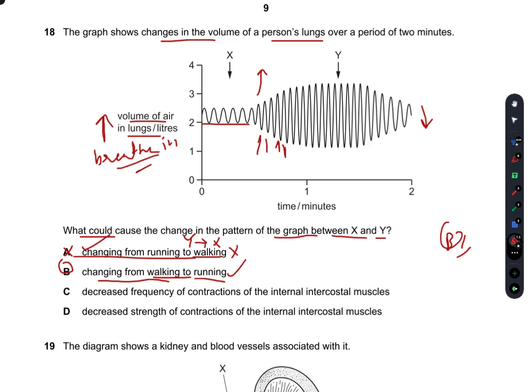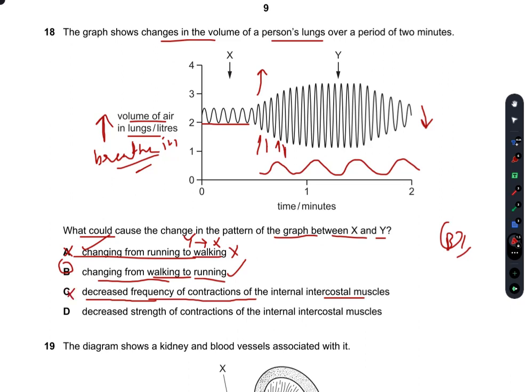Decreased frequency of the contractions of the internal intercostal muscles. If there was decreased frequency, then Y should have been smaller. This Y portion should have been like this, not like this continuous pattern which is repeating again and again.